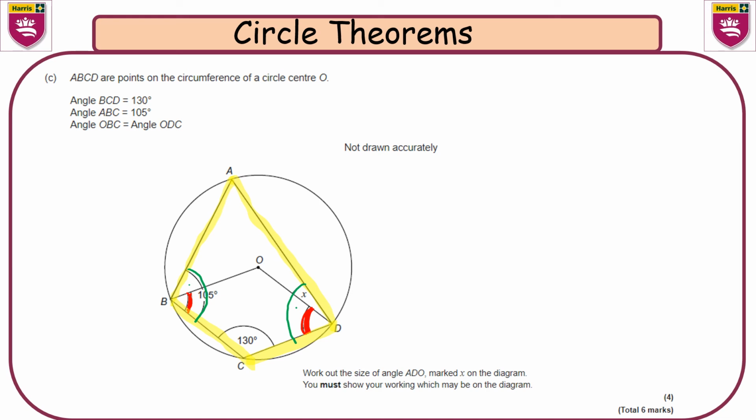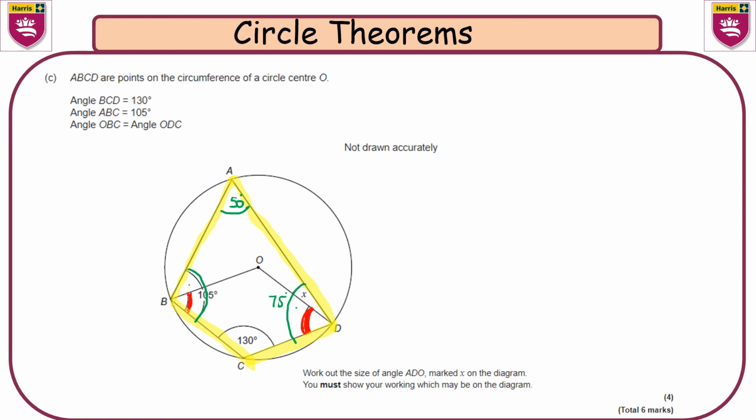So this green angle here must be 75 to give us 180, because 180 take away 105 is 75. I'm going to use the same rule here. Opposite angles on a cyclic quadrilateral will give us 180 degrees. This means if this is 130, this bit here is going to be 50 to give me 180.